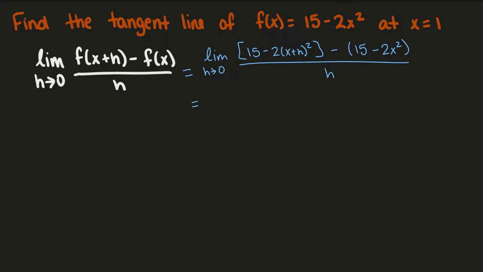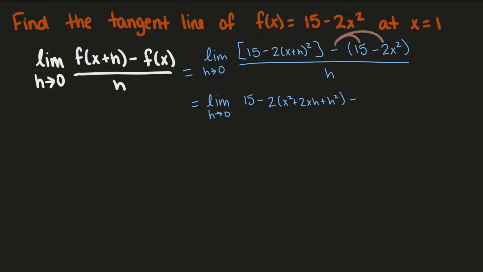So this is equal to the limit as h goes to 0 of 15 minus 2 times, we have a perfect square trinomial, x plus h squared will give us a perfect square trinomial. So this would be x squared plus 2xh plus h squared, minus, we're going to distribute that minus sign to our 15 and to our negative 2x squared.